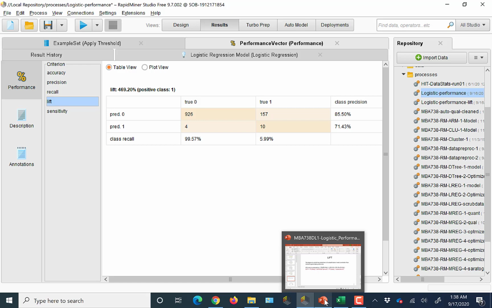In the next tutorial, what I'm going to show you is how one goes about creating a lift chart, which again is very useful for analyzing the performance of a binary classification model. And I'll show you first of all how to create a lift chart, and then how to interpret its output. So with that, let me stop this particular tutorial.